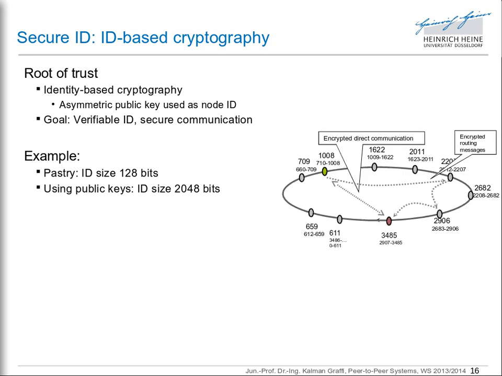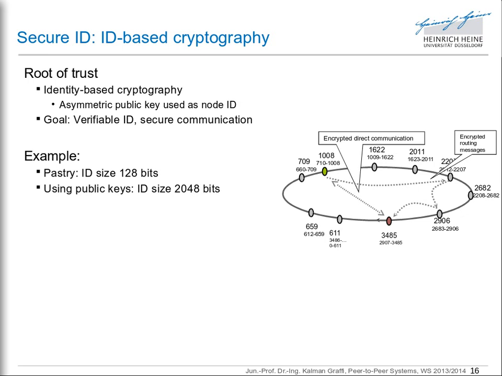Here we have an example of this. We have a chord ring with some nodes, and those nodes use their node ID as the public key, so they can communicate encrypted. The direct communication is encrypted, and the routing messages are also encrypted, but hop-to-hop.